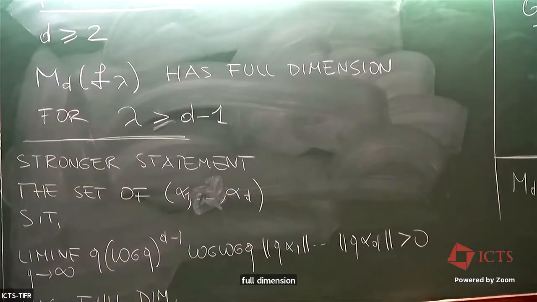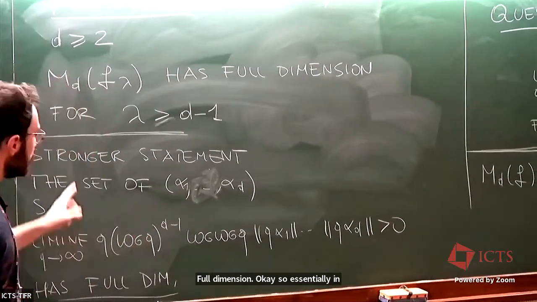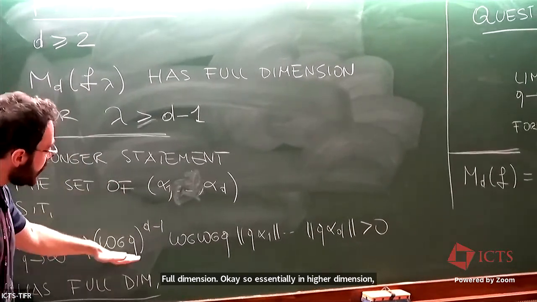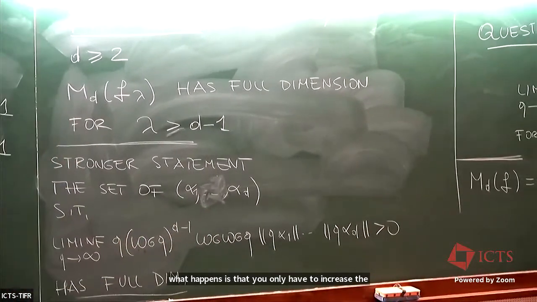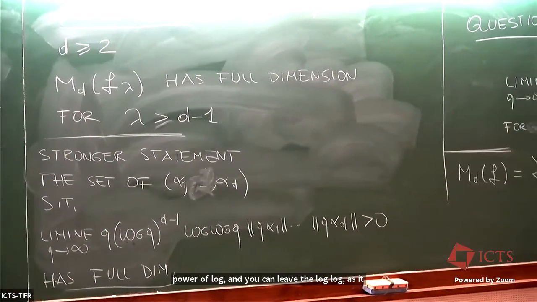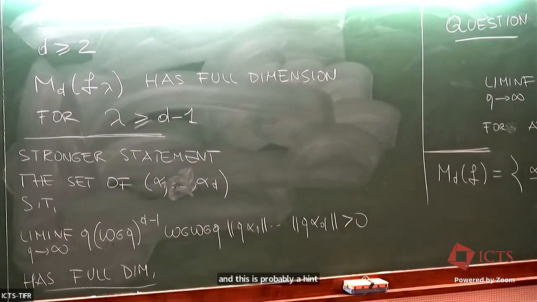Okay, so essentially in higher dimension, what happens is that you only have to increase the power of log, and you can leave the log as it is. And this is probably a hint to why this conjecture here should be true.